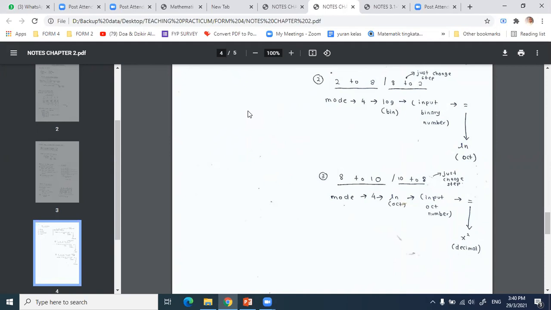Press mode. Teacher cuba teacher tunjuk teacher punya calculator. Calculator you guys semua sama ke dengan Emily punya dengan Amanda?